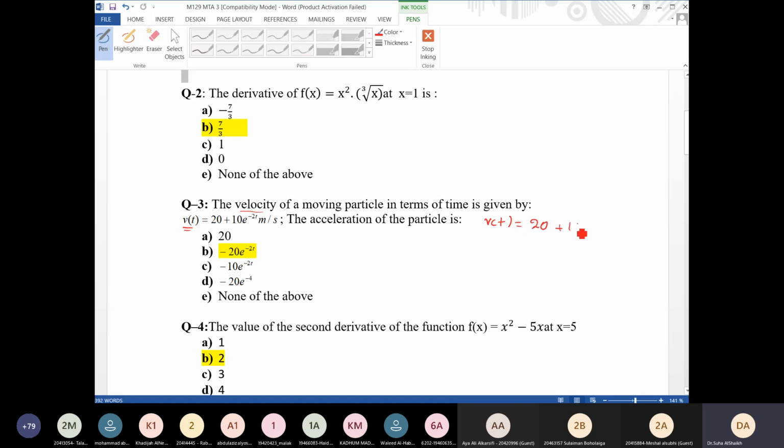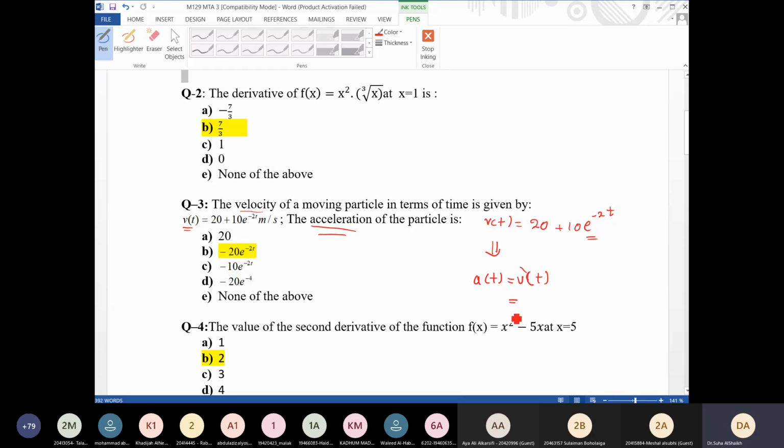You still didn't take this exponential, so we cannot go ahead with this question. We haven't taken the exponential yet. This is the velocity and they are asking about the acceleration. Simply, the acceleration a of t is the derivative of v of t. You haven't taken the exponential yet, so when you take it you will know how to find the derivative of this.